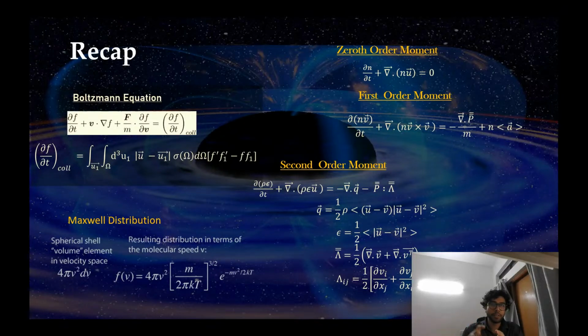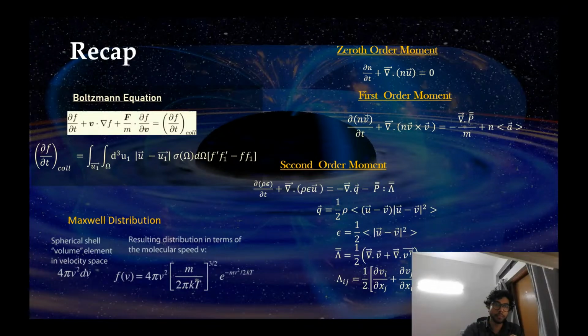And that is basically your C out. C out is where you're calculating how many particles are going from inside the volume to outside. And C in, on the other hand, since there are collisions happening, it could also happen that particles from outside that volume come in after the collision, right? So that is basically your C in. In C in, you are considering that the initial velocity of the particle was u1, and after collision, u1 will go to u.